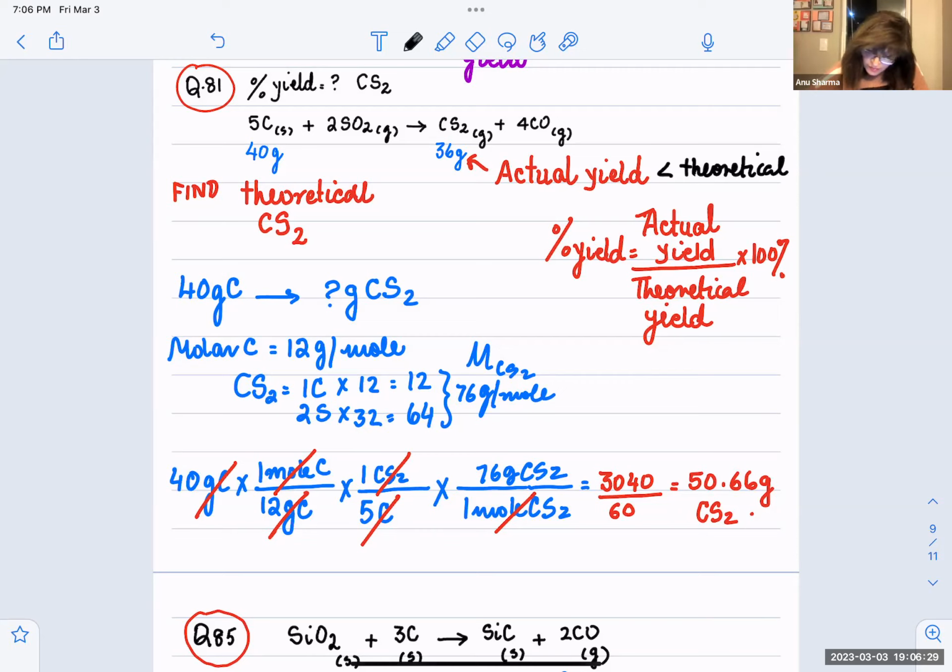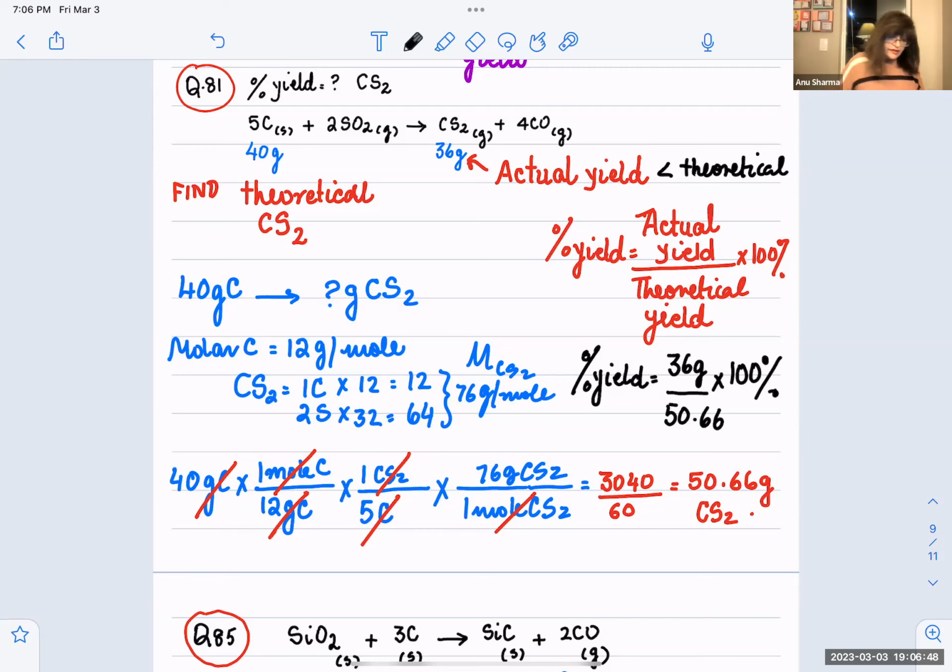Okay, so now what is percentage yield? Percentage yield is equal to actual, which is 36 grams, divided by the theoretical, which is 50.66, times 100%.